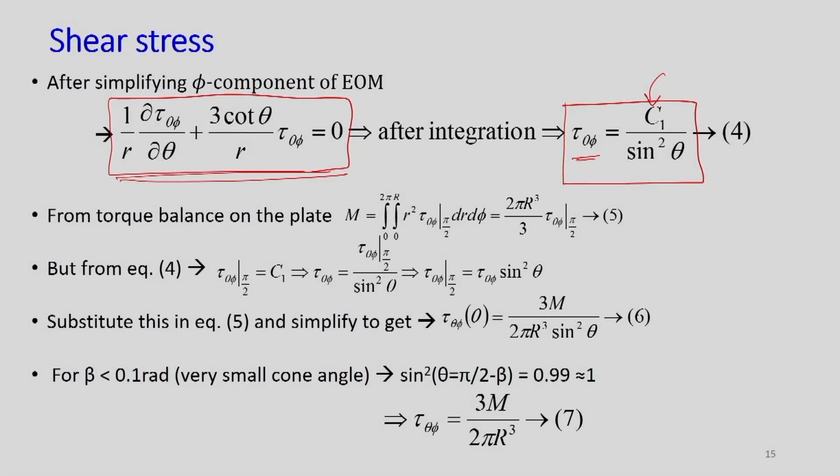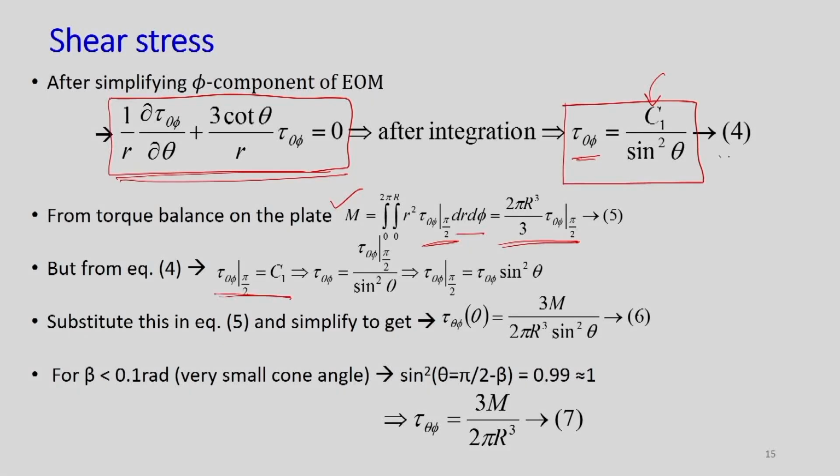Let us say from the torque balance on the plate, we get M equals the integral 0 to 2 pi, integral 0 to r, r square tau theta phi at theta equals pi by 2, that is at the bottom plate, dr d phi. When you integrate and apply the boundary conditions, you will get 2 pi r cube by 3 tau theta phi at pi by 2.